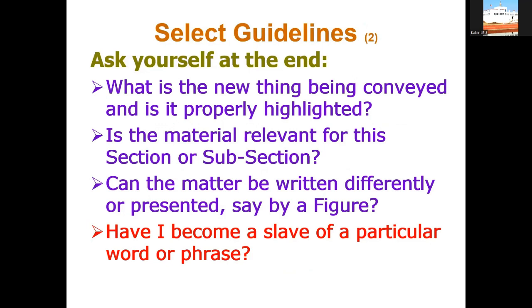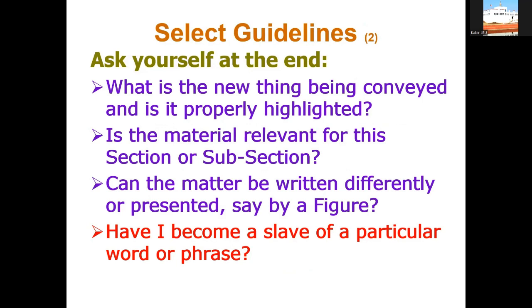At the last, what are the things a scholar can ask himself? What is the new thing being conveyed, and is it properly highlighted? What you wanted to project in your research paper, has it been highlighted or not? Is the material relevant for this section or subsection?